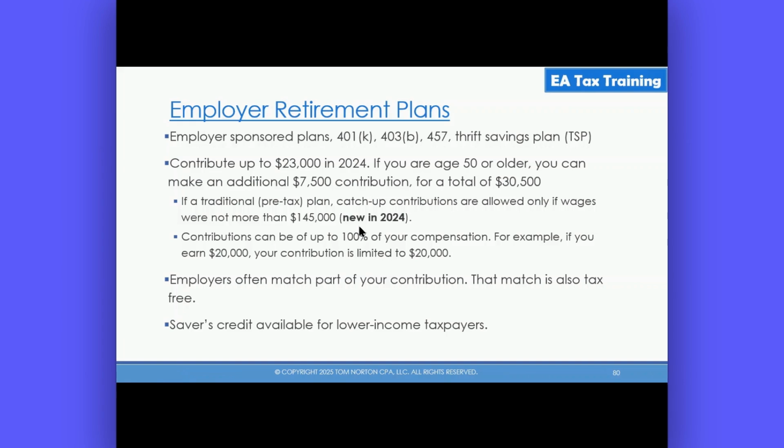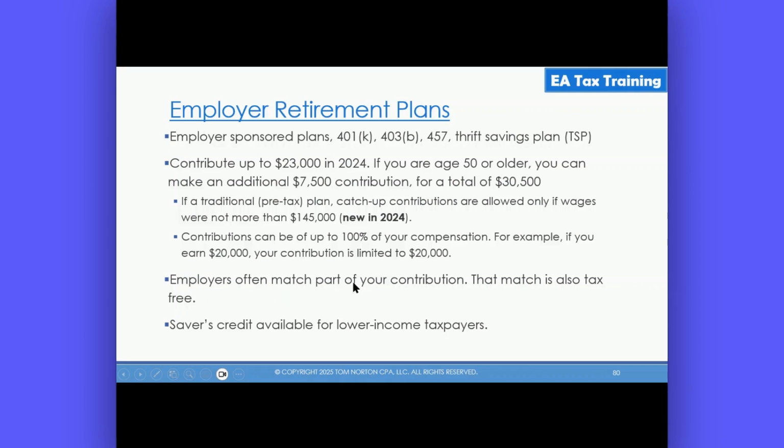Also, just remember that contributions can be of up to 100% of your compensation. So, for example, if you earn $20,000, your contribution is limited to $20,000. In other words, your contribution is limited to the lower of your compensation or $23,000. That's what that is saying. Also, employers will often match part of your contribution.